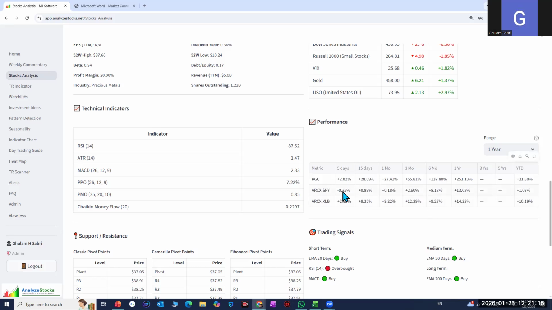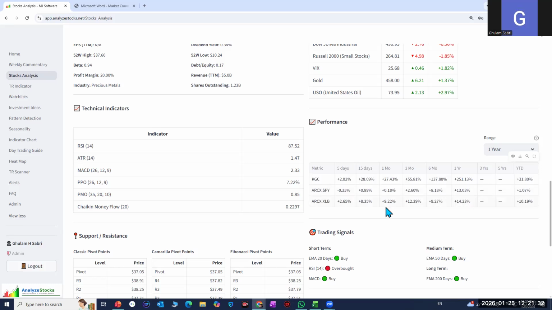Now you can see the KGC in the last 1 month has given 27%, last 6 months 137%, 1 year 251%. But in the same period, 1 month, S&P was up only 0.18%, and 1 year was 13%.